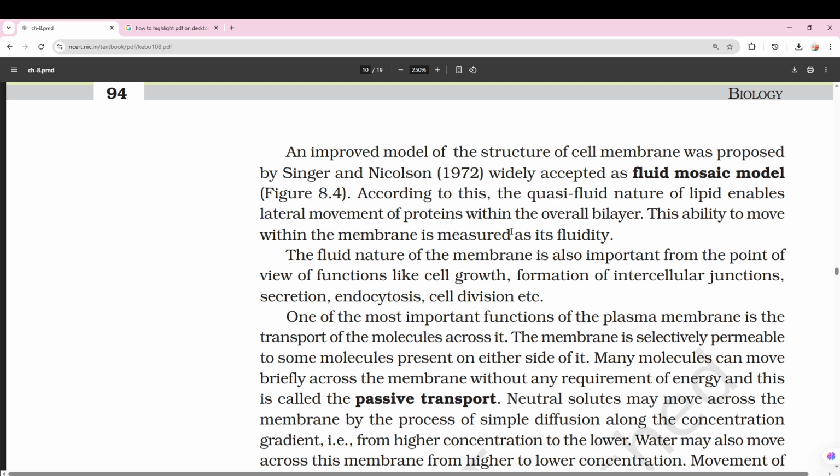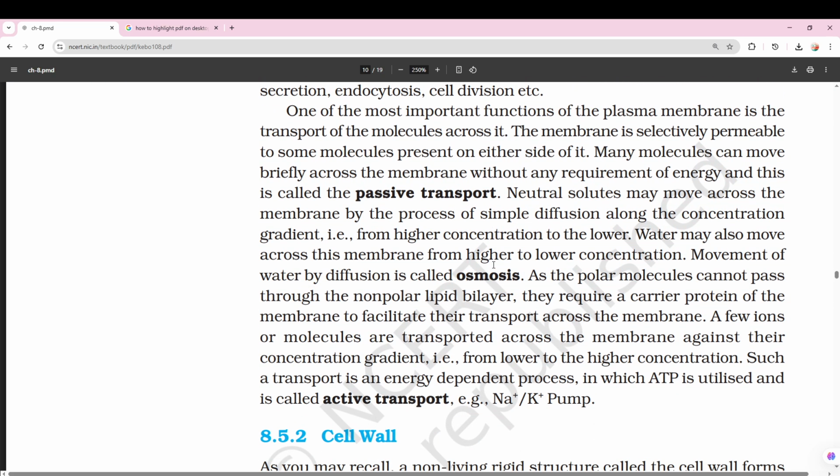One of the most important functions of the plasma membrane is the transport of molecules across it. The membrane is selectively permeable to some molecules present on either side of it. Many molecules can move briefly across the membrane without any requirement of energy, and this is called passive transport.